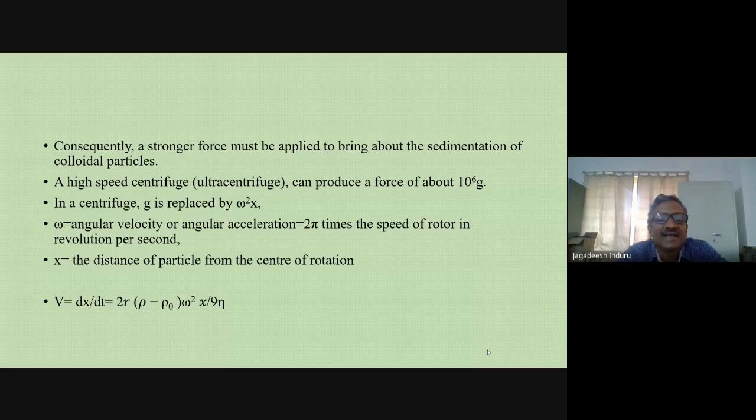This is the angular term omega squared. If you replace g with these values, your equation will be like this.